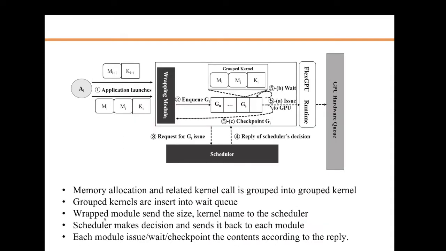This slide shows the control flow of FlexGPU. First, the memory allocation and the kernel issues are grouped, and we call them a grouped kernel. The grouped kernel will be inserted into the wait queue. The wrapping module will send the size of the memory allocation request and the kernel's name to the scheduler, and the scheduler makes a decision and sends it back to each module.